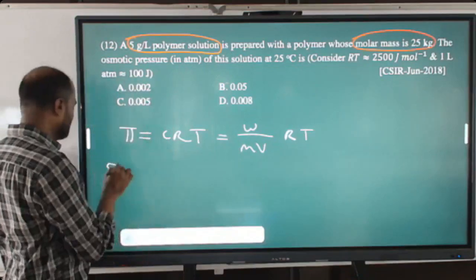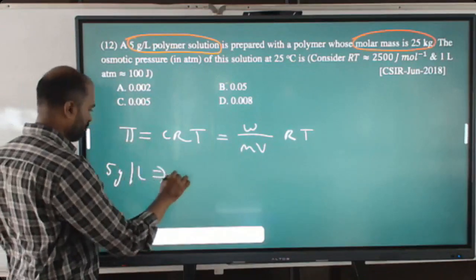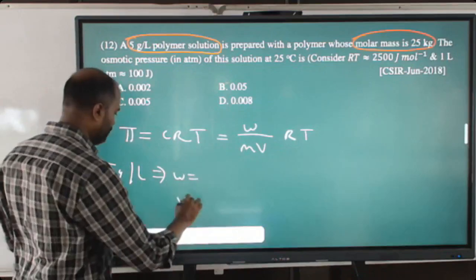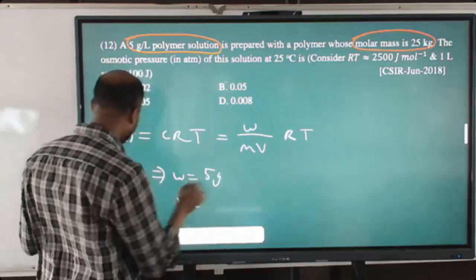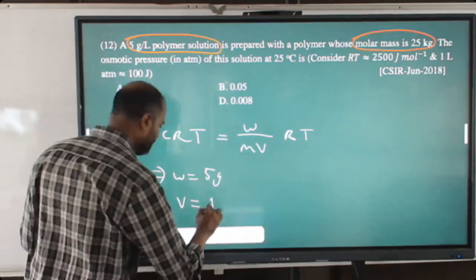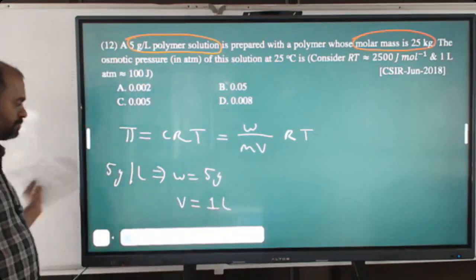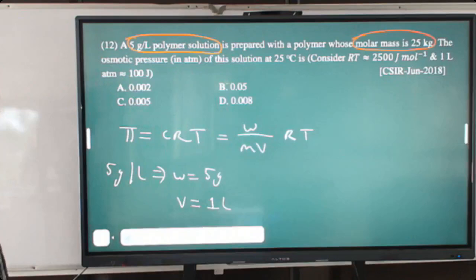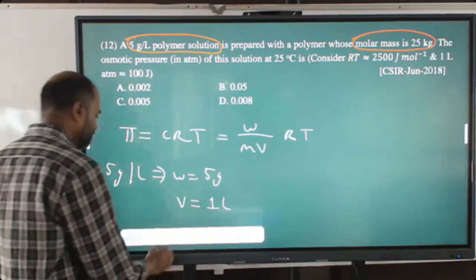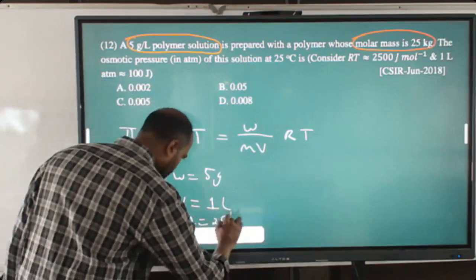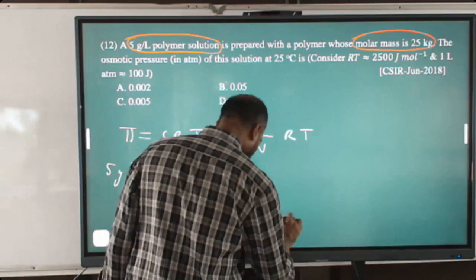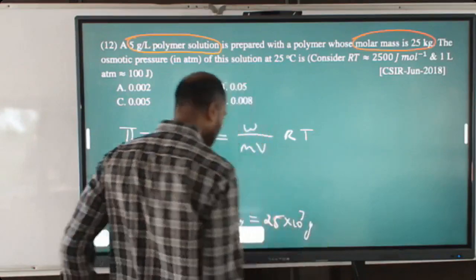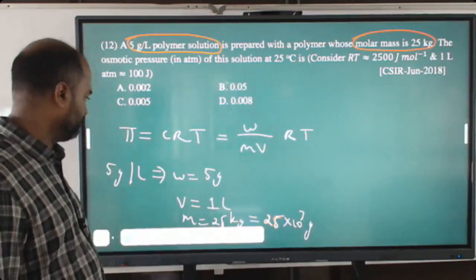5 gram per liter means weight is equal to 5 gram. Volume 1 liter. And molar mass M is 25 kilogram, that is 25 into 10 to the power of 3 gram.